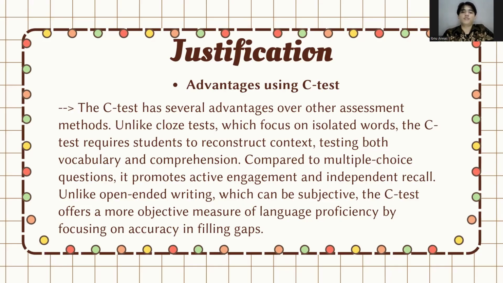And for adaptability, unlike the cloze test or open-ended writing, the C-test can be customized to a wide range of contexts, like text one, which covers political discourse, and text two about morphemes, inflection and derivation, for academic language, maybe informal communication.